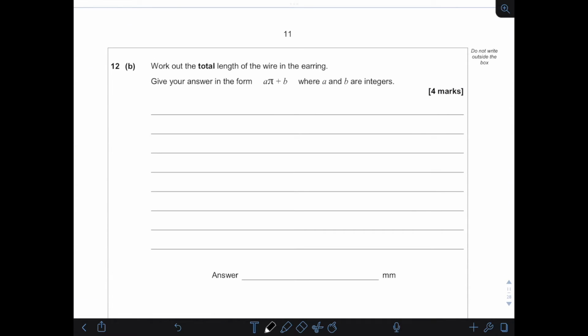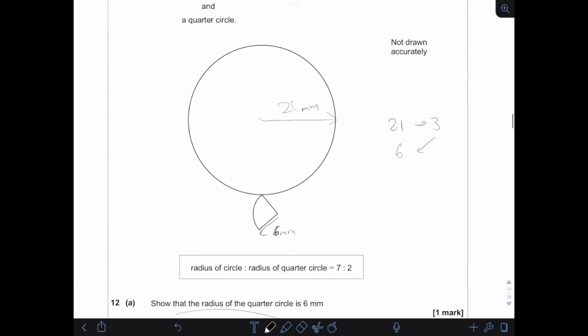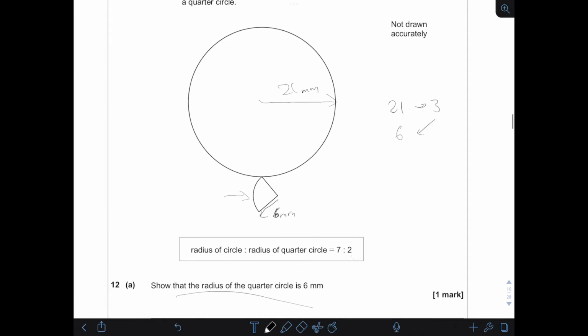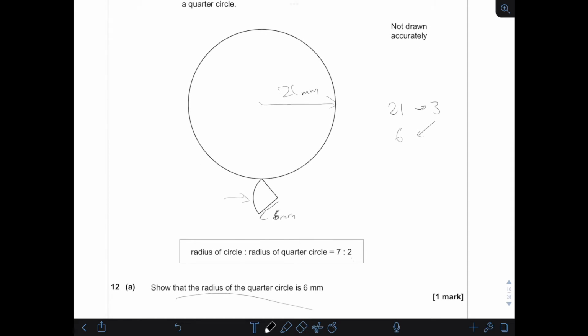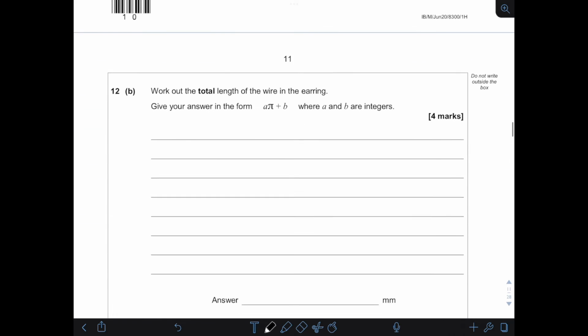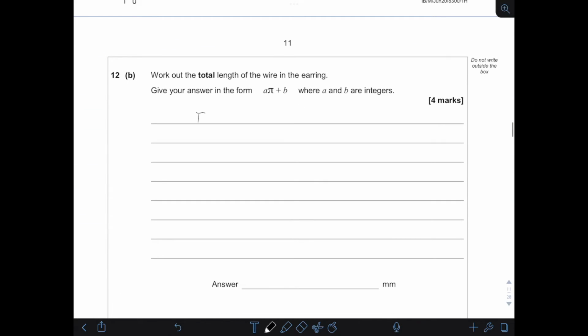B, work out the total length of the wire in the earring, which means that we're trying to work out the circumference and the perimeter of the quarter. So first of all, let's do the easy one. The circle is 2 pi r equals the perimeter of the circle.